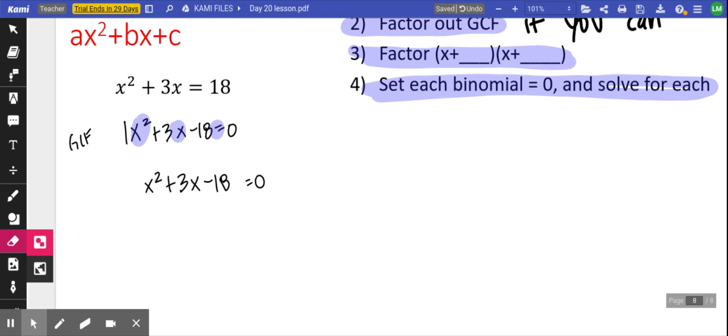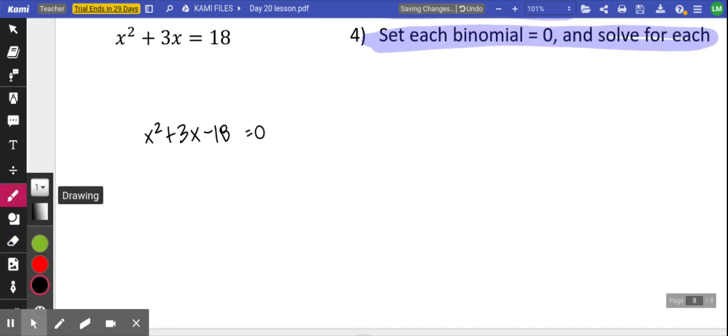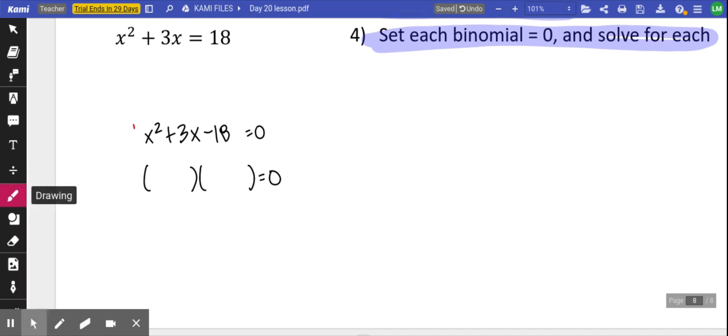All right, so what we have to do, good old factoring into trinomials, we're going to turn it into two binomials. Remember, trinomials 3 terms, binomials 2 terms. All right. If you remember from last week, I'm looking for, because I have a 1x squared, this is the easy type, two numbers that add to 3 and multiply to negative 18.